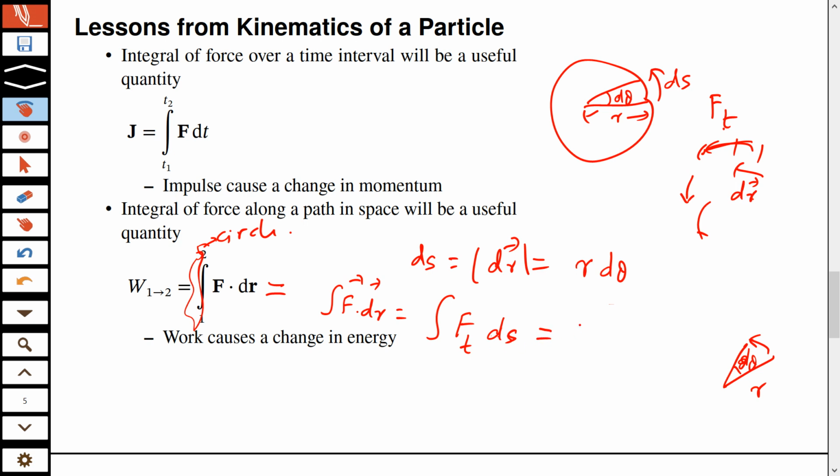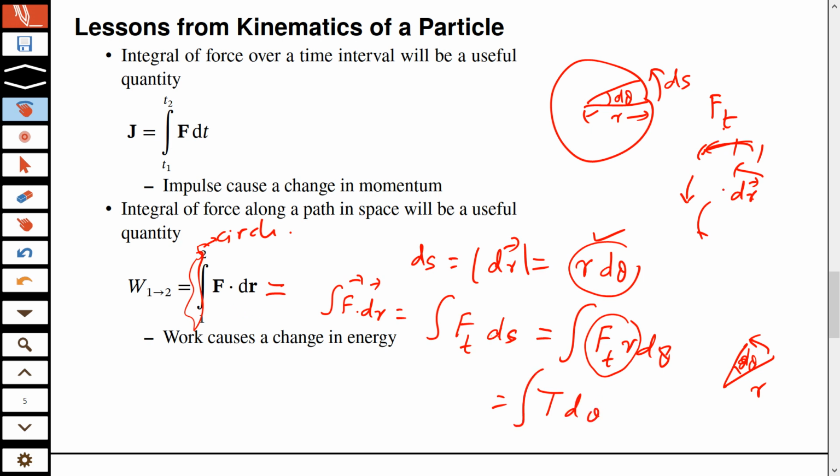Without changing F_t, I can replace ds with r d theta, so it will be F_t r d theta, and F times r will give me the magnitude of the torque.